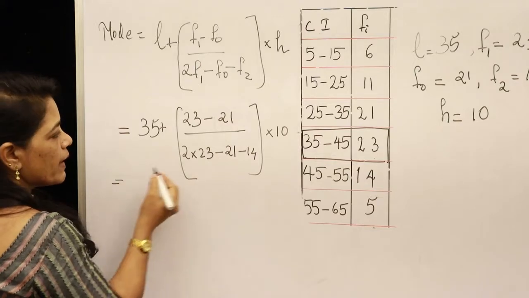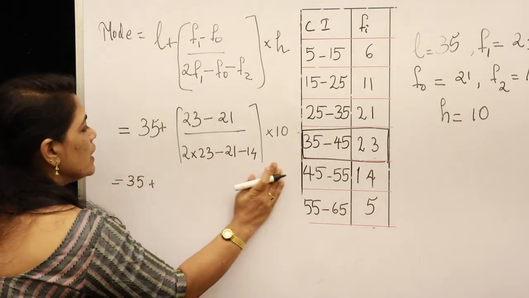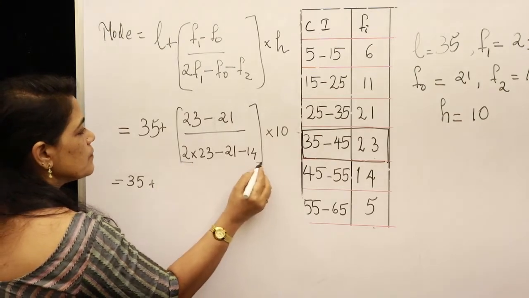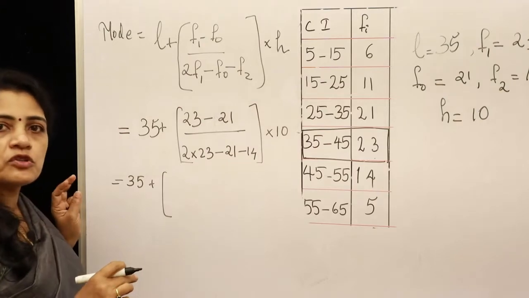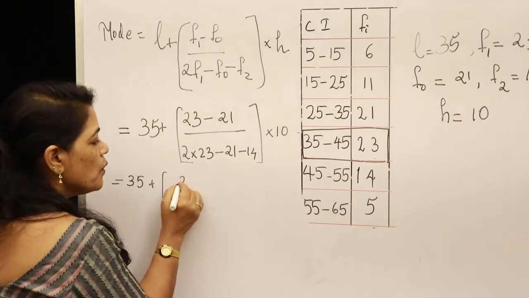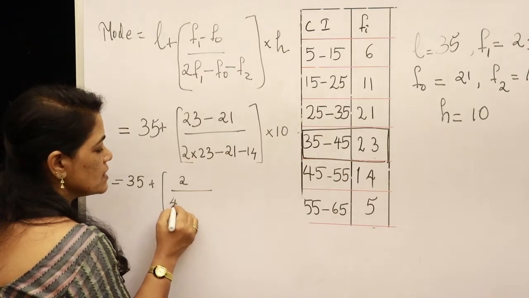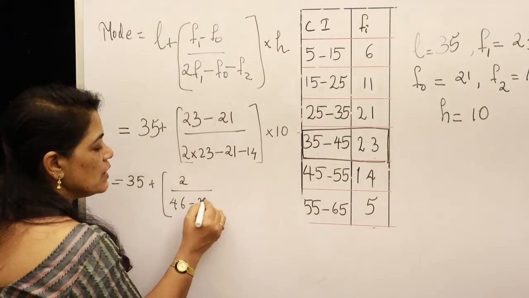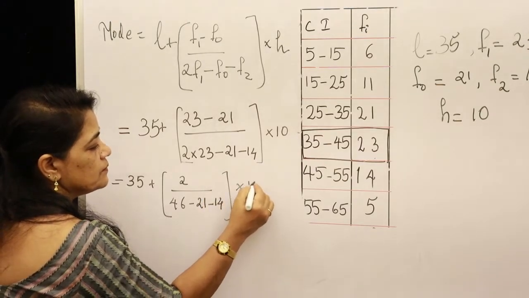Now we can solve the bracket first. This 35 plus, in bracket, 23 minus 21 is 2, divided by 2 into 23, that is 46, minus 21 minus 14, into 10.